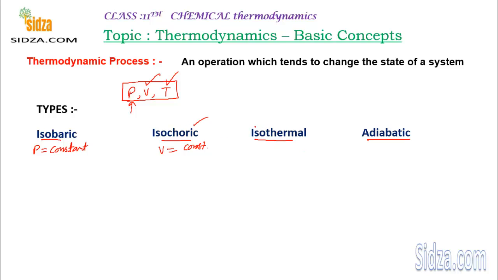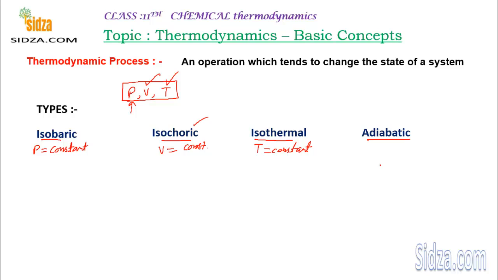And isothermal, thermal refers to the temperature, the heat. So a process in which temperature remains constant is what we call an isothermal process. And in the adiabatic process, nothing remains constant, right? Okay, nothing here is constant.